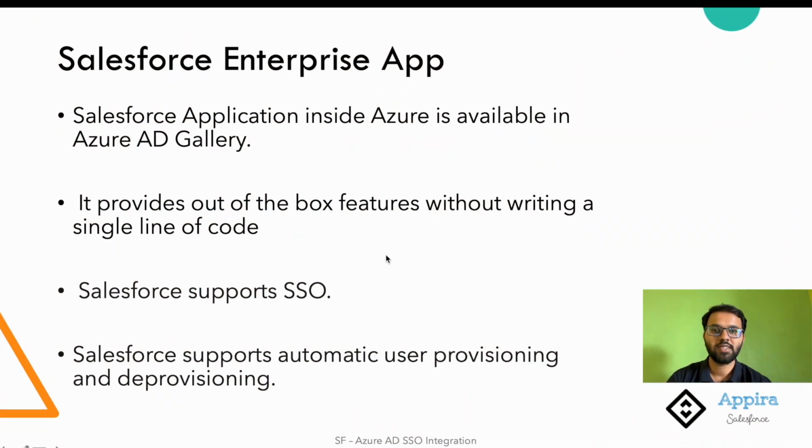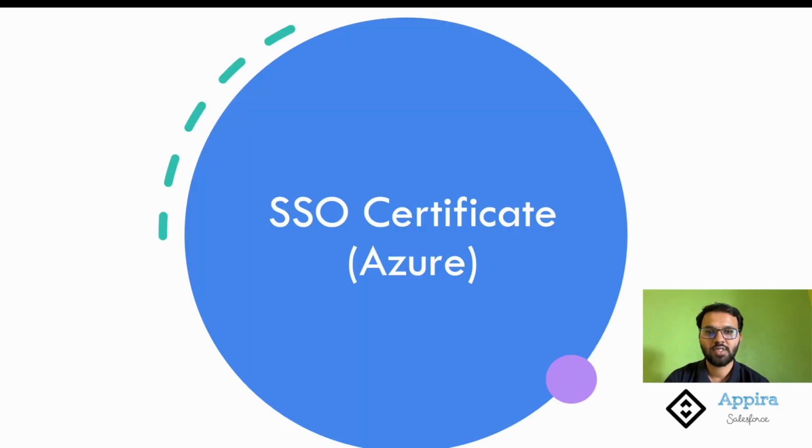So what are the benefits of using Salesforce Enterprise app? We get to establish the connection without writing a single line of code. Second, it comes with all the functionalities like SSO and automatic user provisioning and deprovisioning. Next is SSO certificate.